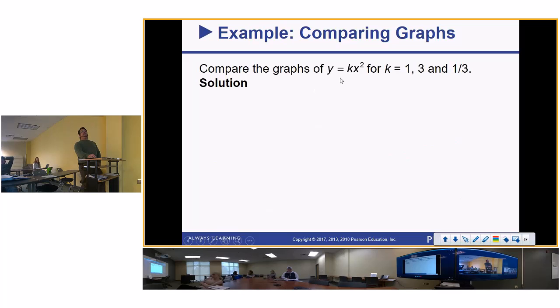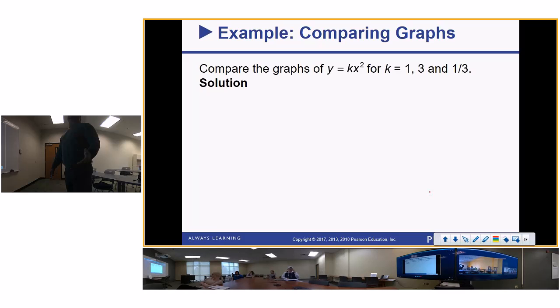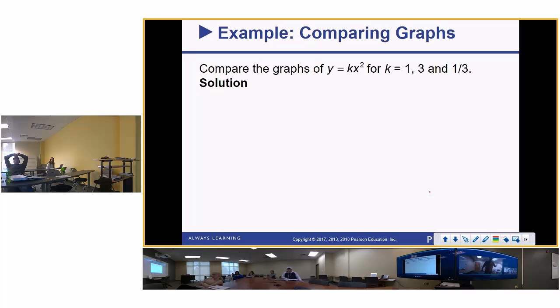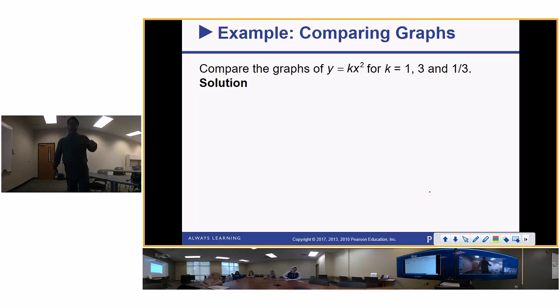Compare the graphs of kx squared for k equal to 1, 3, and 1/3. Now come on, y'all, what does that mean? Just change that k to an a. See, that's what gets me about these books. They tell you to learn y equals ax squared plus bx plus c, tell you to learn a, and then they write a question and put k on it.